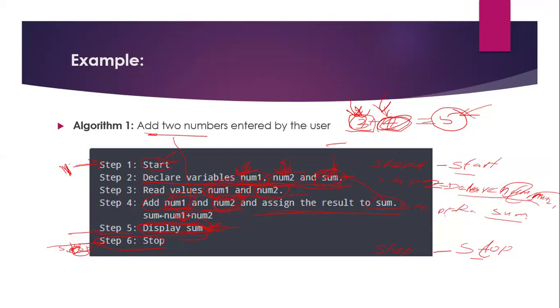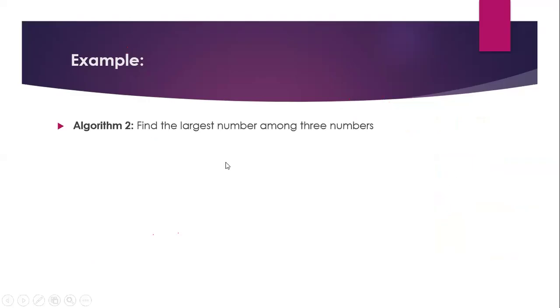Can we move to the second algorithm? Okay, I will give you another question. You can try. Let's try this: find the largest number among 3 numbers. Think that there are 3 numbers, and you have to find the largest number from them.